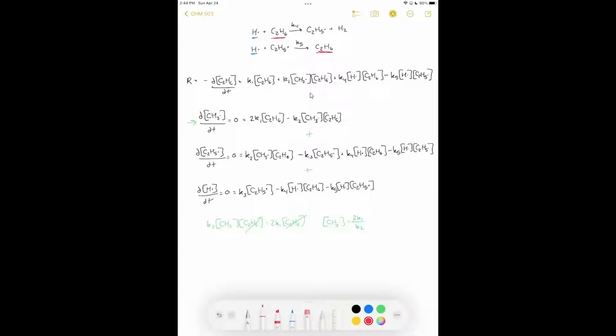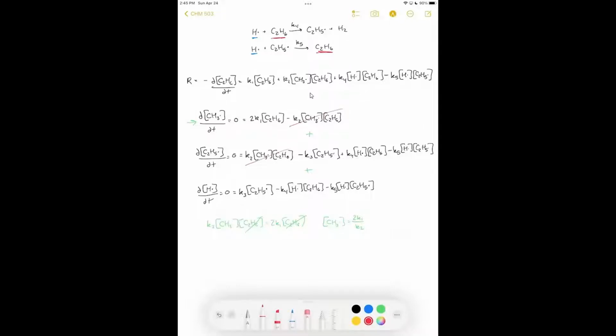If we add the bottom equation to this top equation, we end up having negative k2 times the methyl radical concentration times C2H6 plus positive k2 times the methyl radical concentration times C2H6. So we can simply eliminate these two terms.